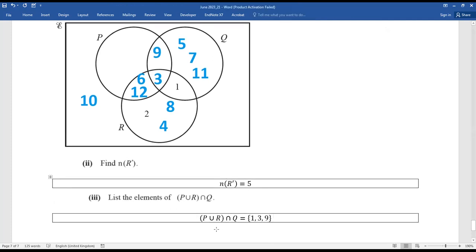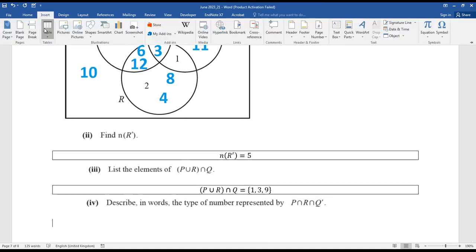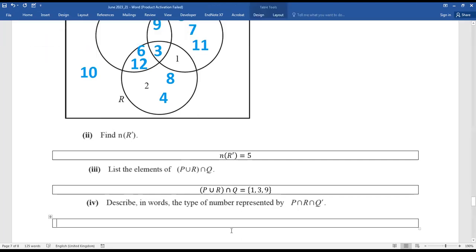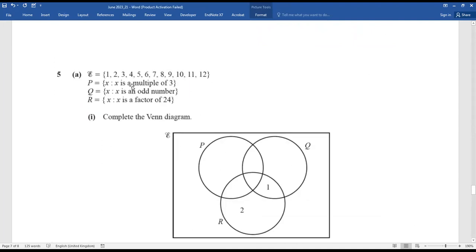And now the question wants us to describe in words the type of numbers represented by P intersection R intersection Q', which is a part of P, a part of R, and not a part of Q. That means it must be a multiple of 3, must be a factor of 24, and it is not an odd number.